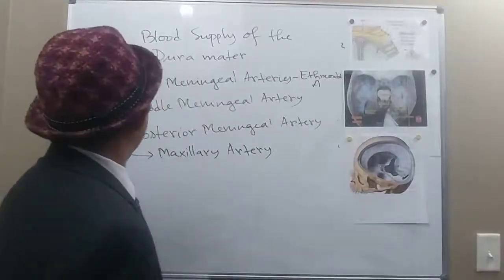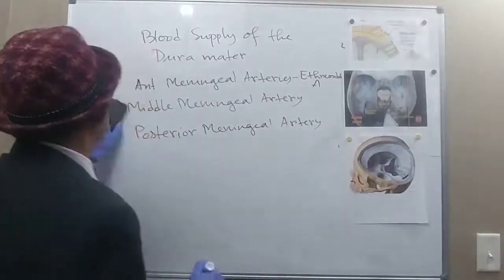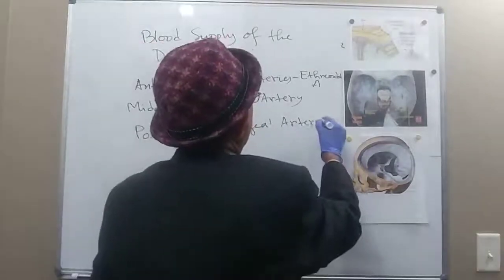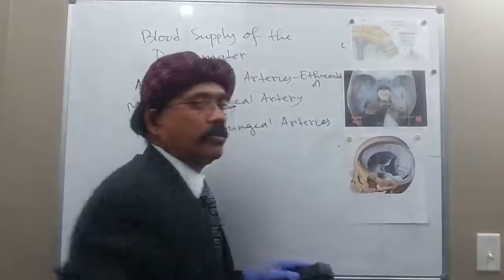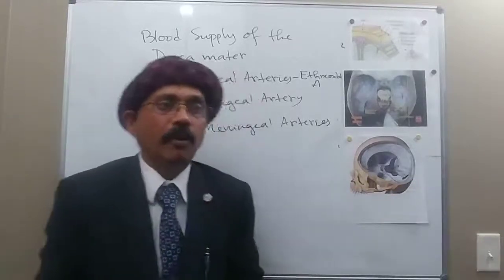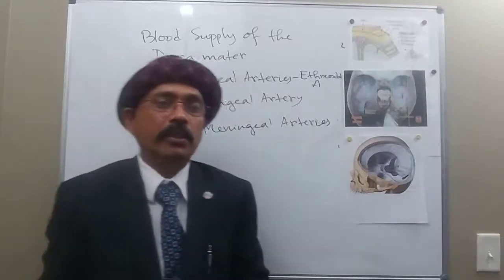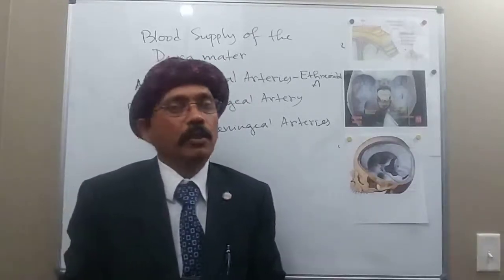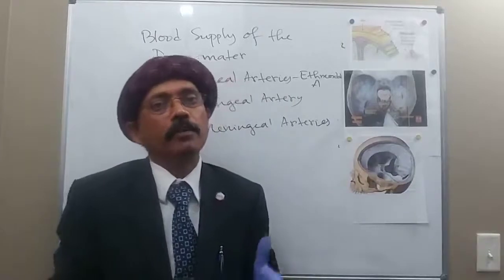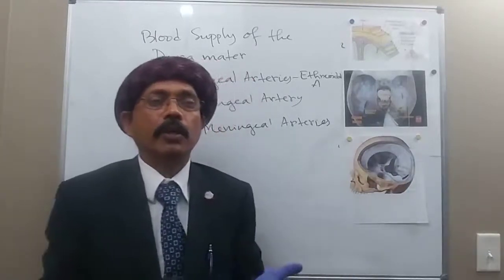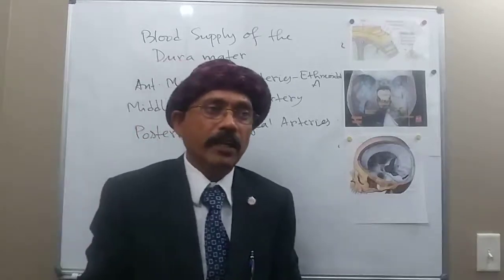Okay, how about the posterior meningeal artery? We can call them arteries, multiple. These are branches of the ascending pharyngeal artery, or branches of the occipital artery. They enter the cranial cavity through the jugular foramen, or may enter through the hypoglossal canal or through the foramen magnum.